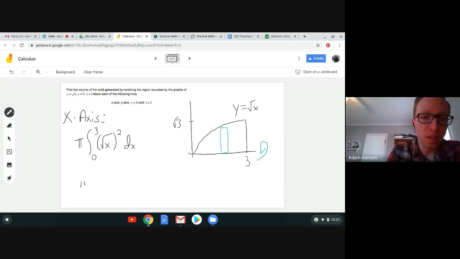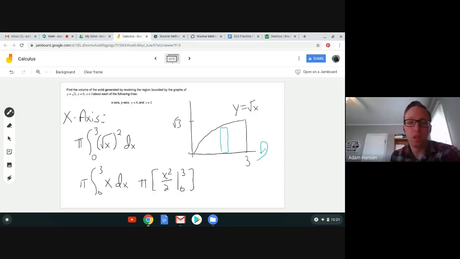So pi times the definite integral from 0 to 3 of x dx, or pi times x squared over 2, evaluated between 0 and 3. 3 squared is 9. I don't need to plug in 0, so wouldn't it just be 9 pi over 2?